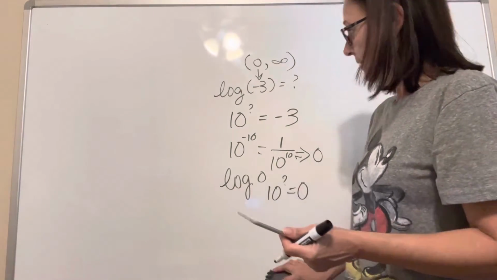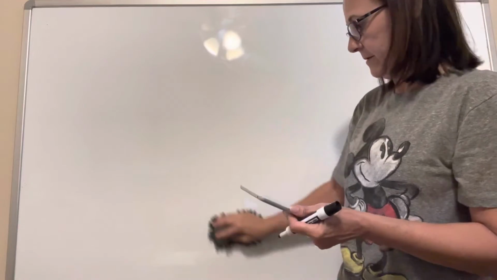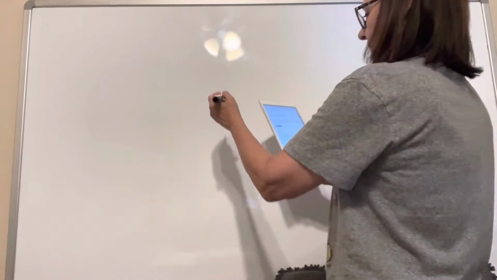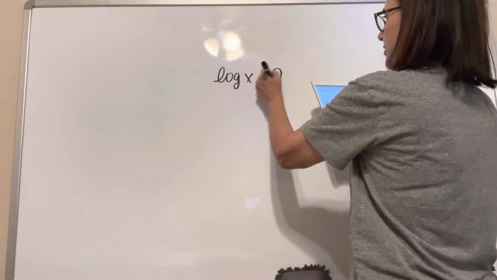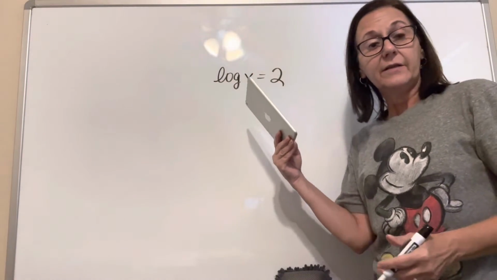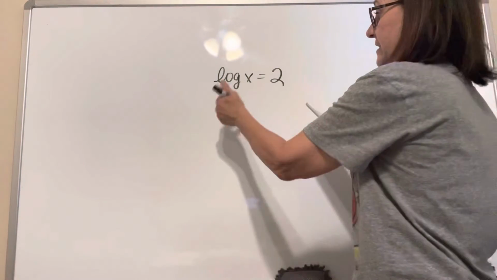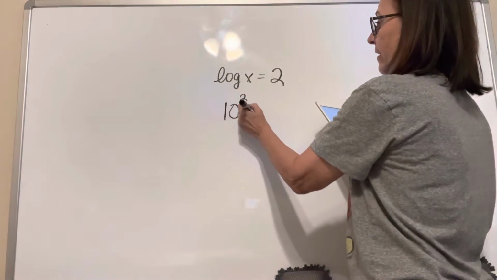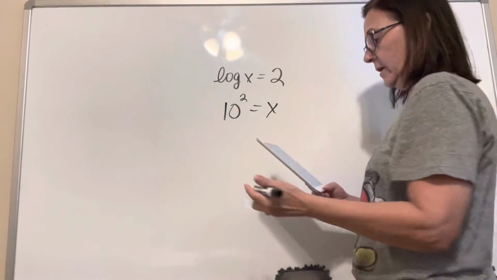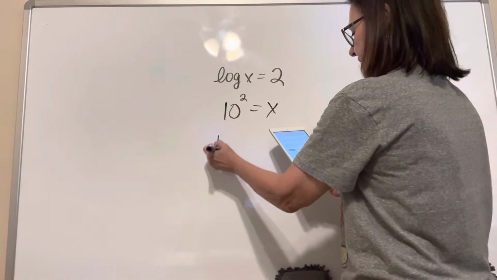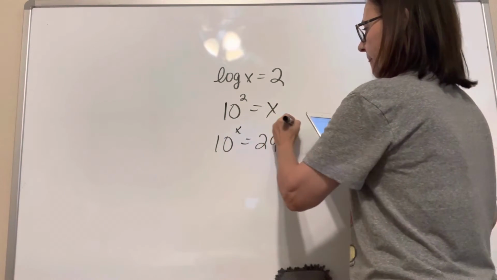Look at example 2. Can we write equivalent statements? A is log x equals 2. Because the variable is in the argument position, we would always go to logs. My base is 10, so 10 squared equals x. It didn't ask us to solve it. What about 10 to the x equals 29?